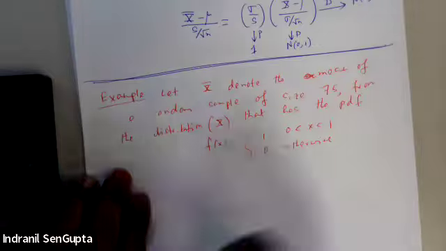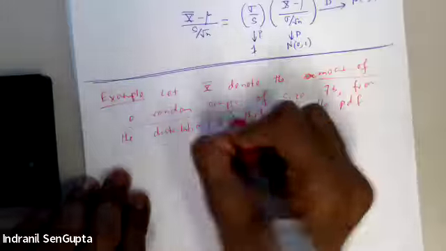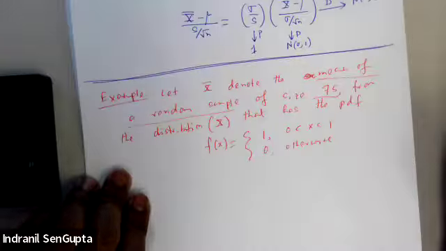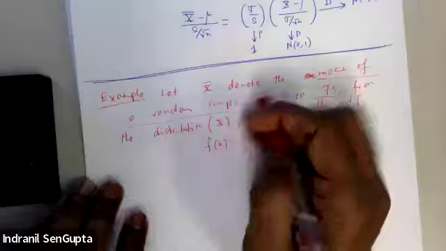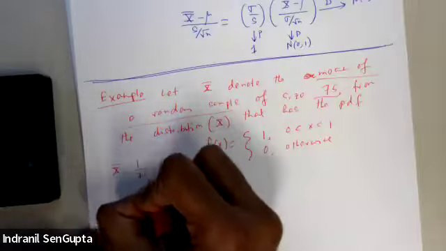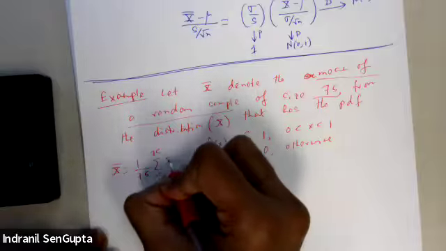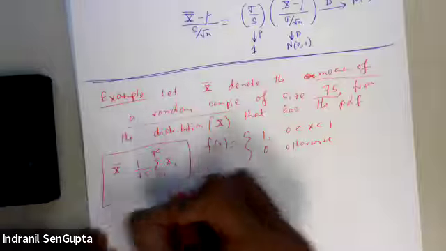So what are we trying to do? We are saying that X bar is the mean of the random sample of size 75. And so that means X bar is really computed as 1 over 75 times the sum over i from 1 to 75 of Xi. What are those Xi's?